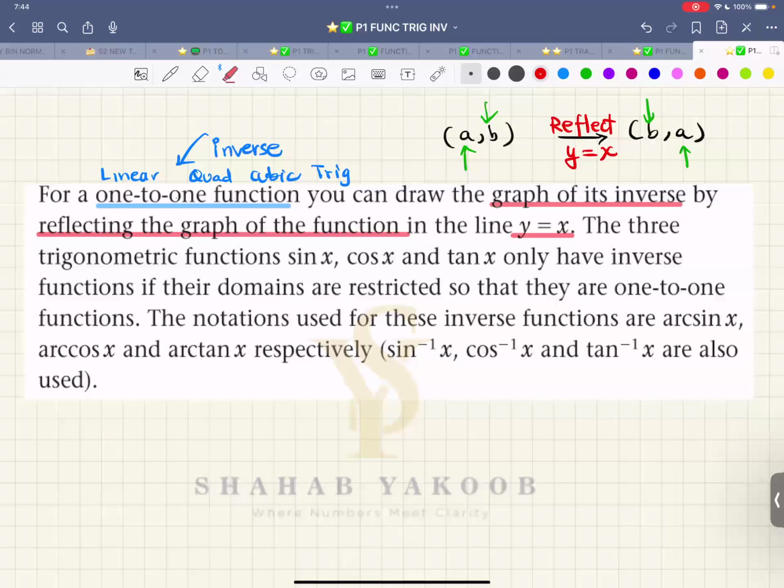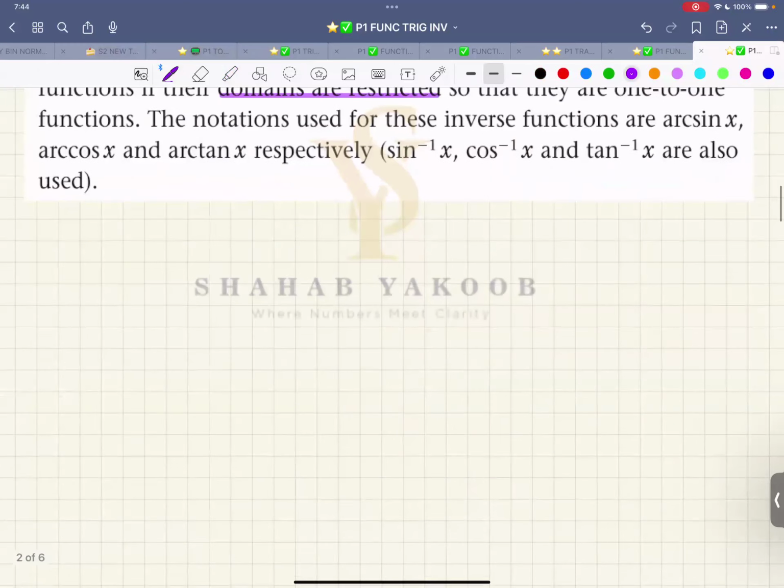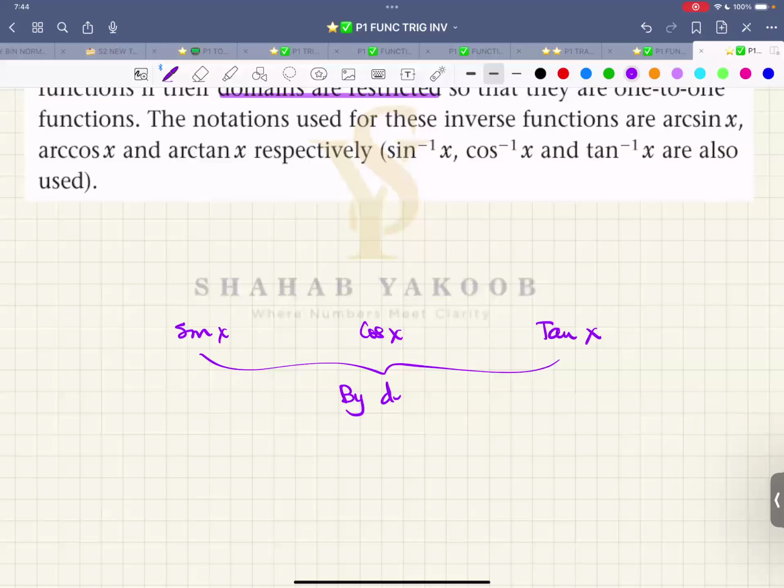Now we are talking about the three trigonometric functions, sine, cosine, and tangent. They only have inverse functions if their domains are restricted. Why is this so? Because by default, a trigonometric function, whether sine x, cosine x, or tangent x, yes, they are all functions, but by default, all these functions are many-to-one functions.